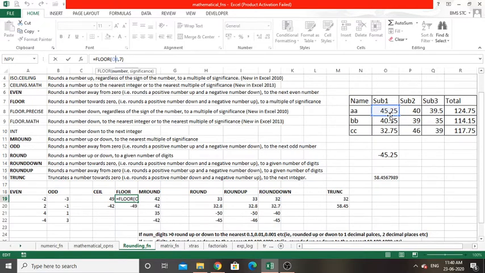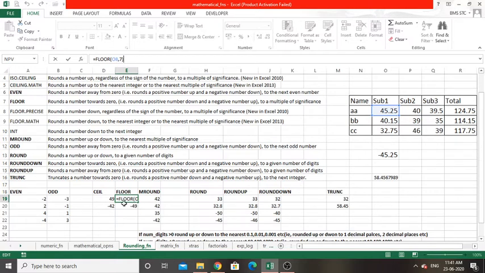Here the value is 45.25. Since the function we used is floor, it will round down and also consider only multiples of 7. In this example I am passing 7 as the significance value for easier comparison.